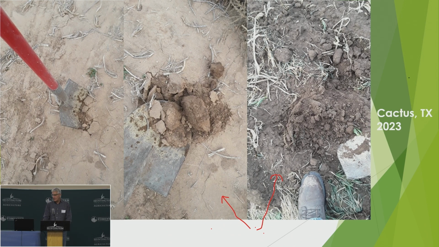I was actually on that farm about 3 years ago, and that's the impact he was able to make in one growing season by using some biological inputs. You can just see a huge difference in the soil tilth there, the color of the soil, the texture. It's very dramatic.